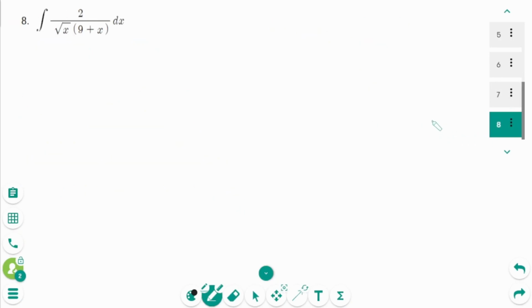Question 8. I will use the formula: the integral of 1 over a squared plus u squared du equals 1 over a arctangent of u over a plus c. Now let's see how this integral involves arctangent using u substitution. Let u equal square root of x.